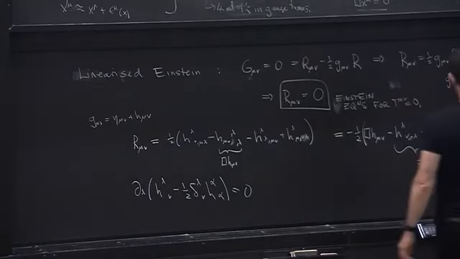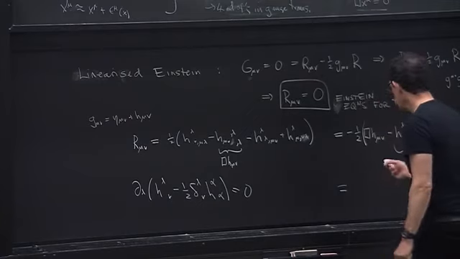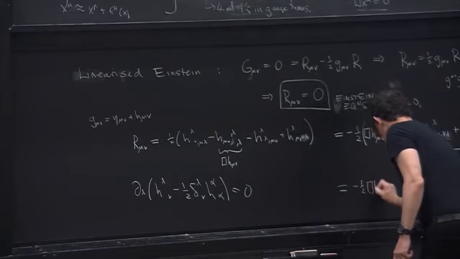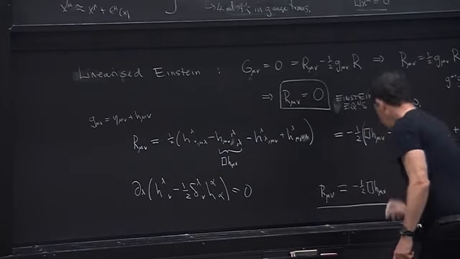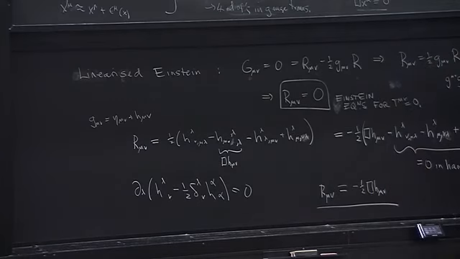So in this TT gauge, transverse trace reversed gauge, R mu nu is minus 1/2 box h mu nu. Okay, that's nice and simple. So the linearized Einstein equations are just box h mu nu is 0. And so obviously h mu nu travels like a wave.